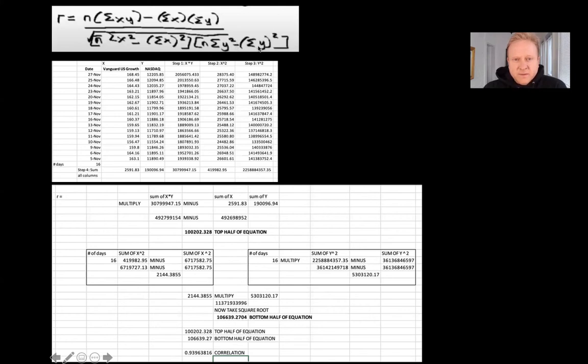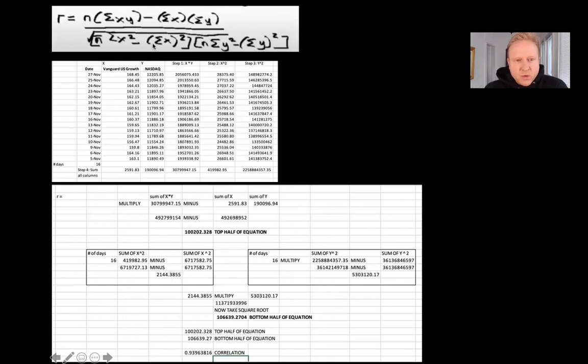Sum of y squared, which is this big number, minus the sum of y, squared, so this is the 361 number. So 16 times the 225 big number, minus the 3613, and you come out with this number, okay?